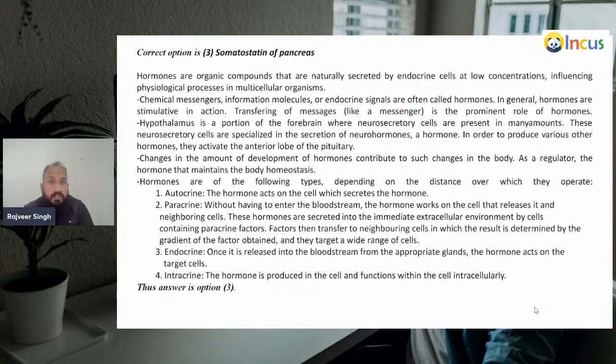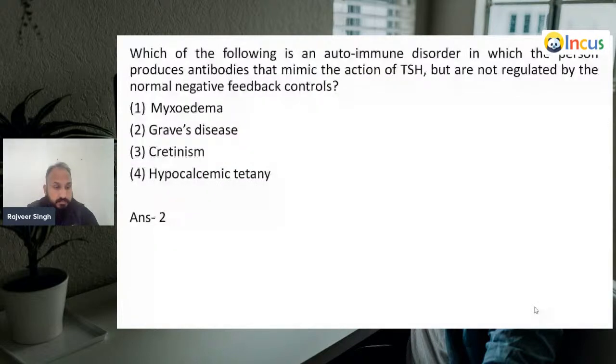Next one. Which of the following is an autoimmune disorder in which the person produces antibodies that mimic the action of TSH but are not regulated by the normal negative feedback control?